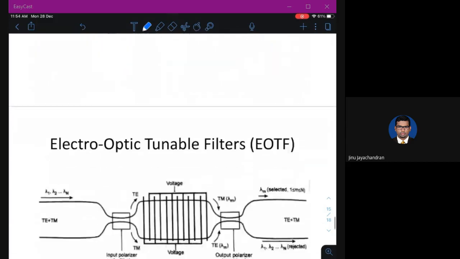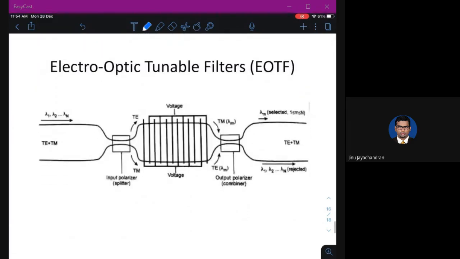For example, in this one, you see there are n wavelengths. You have TE plus TM. So the input polarization splitter has split into TE wave and TM wave. Now this is an electro-optic tunable filter. These are multiple finger layers in this filter. By applying the voltage, the refractive index of these layers will be changed, so that the amount of reflection happening for TE and TM will change.